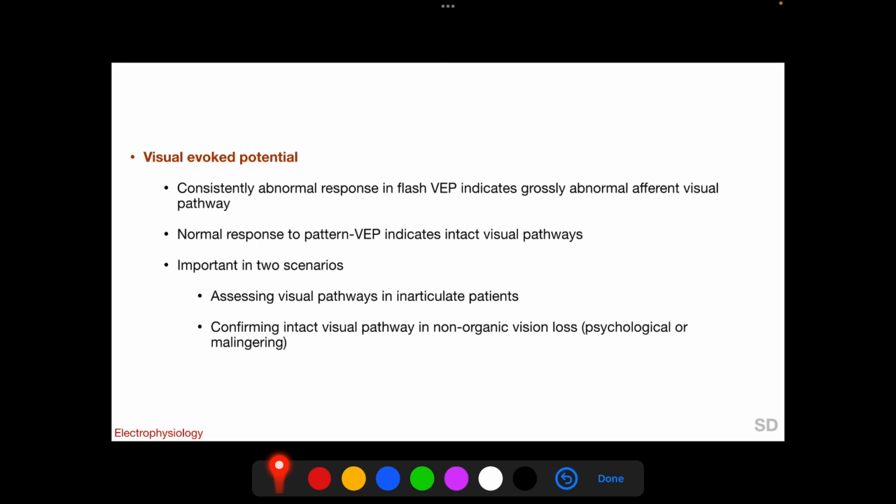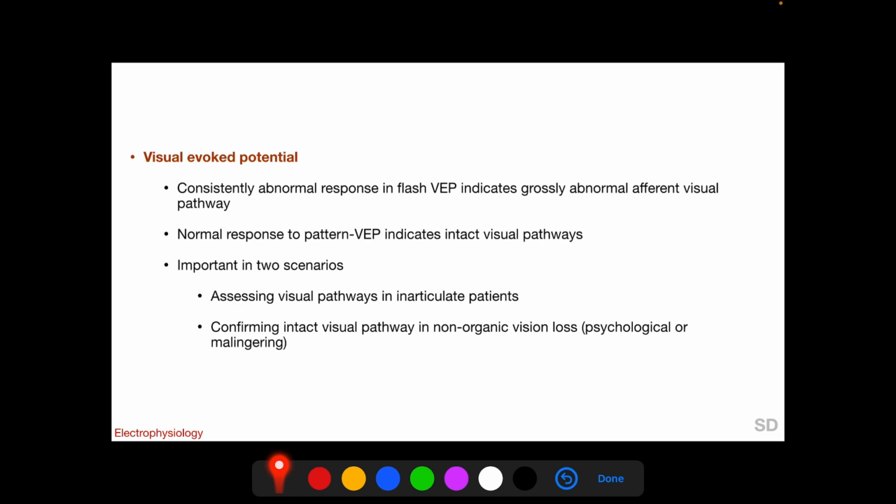Then we have electrophysiology. The role of electrophysiology is limited in neuro-ophthalmology. Coming to the role of visual evoked potential in neuro-ophthalmology, a consistently abnormal response in flash VEP indicates a grossly abnormal afferent visual pathway. This can be due to an extensive retinal disorder, an optic neuropathy, or a disorder in the visual pathway.